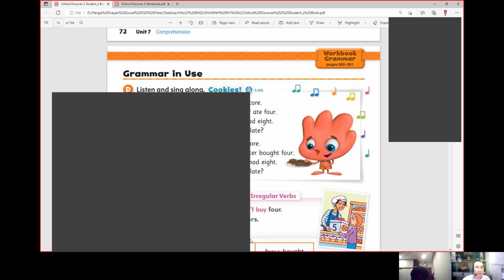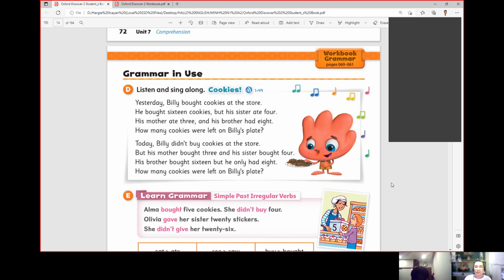Cookies. Yesterday, Billy bought cookies at the store. He bought 16 cookies, but his sister ate 4. His mother ate 3, and his brother had 8.